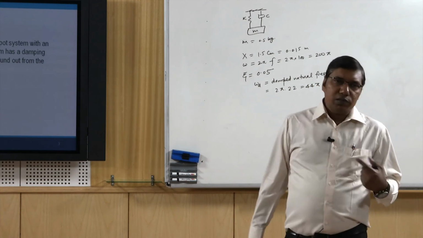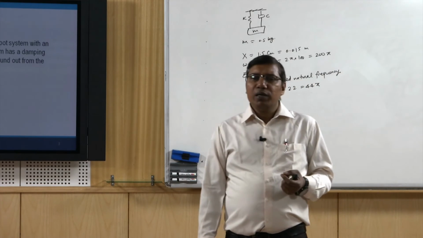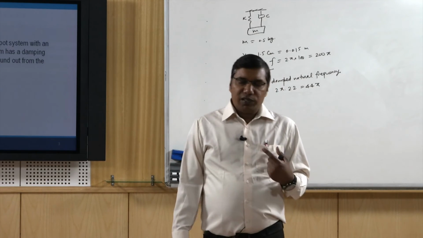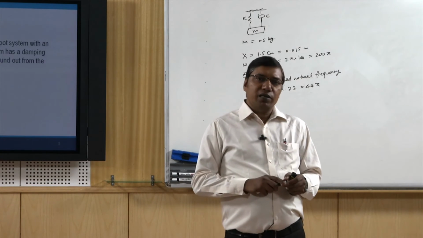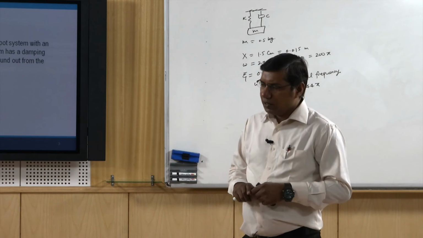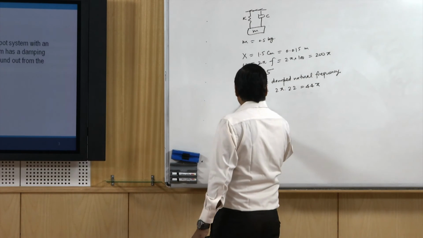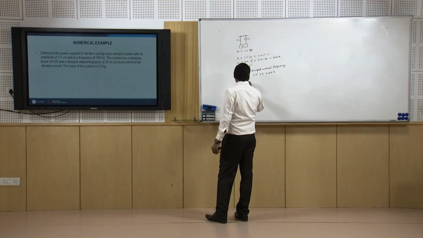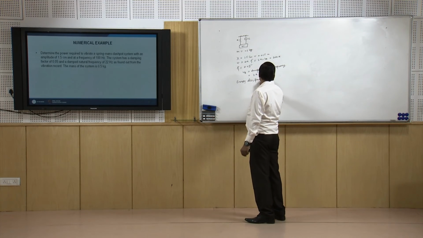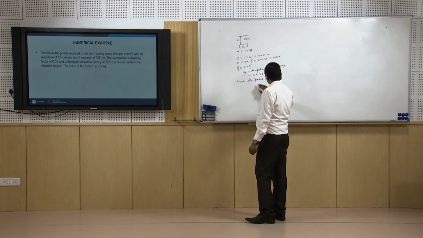The power required will be the power dissipated, and to get the power dissipated, first we have to find the energy dissipated per cycle.